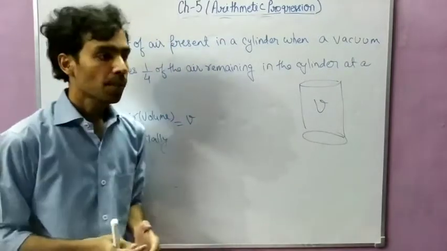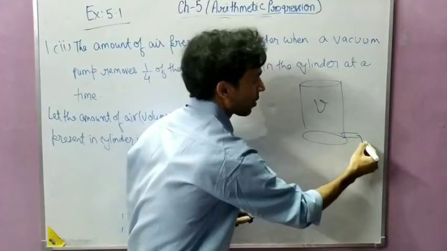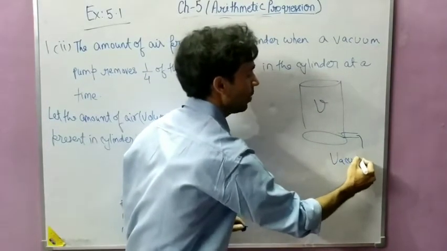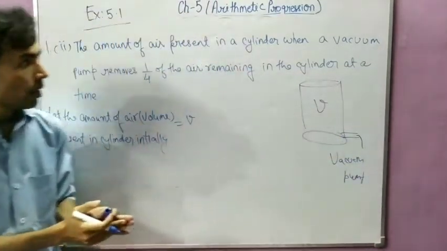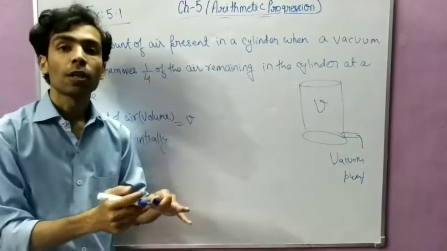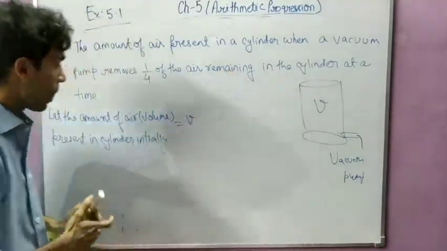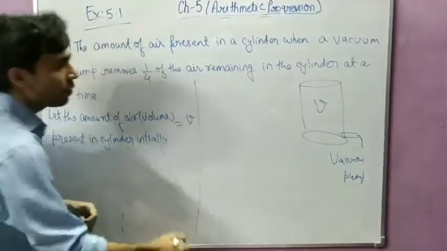Suppose a cylinder is here and one vacuum pump is here. When this operates, it removes 1/4 of the air in the cylinder. So if in the starting the volume is V, how much part does it remove?